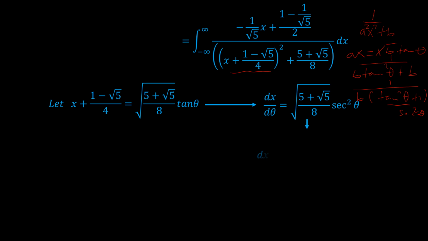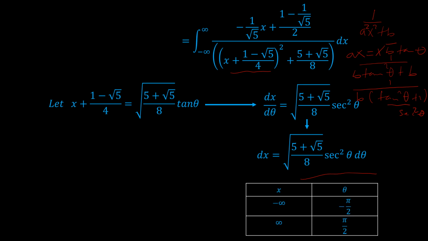And so dx is the same as root of 5 plus root 5 over 8 sec squared theta d theta. So this is what can be substituted for dx.